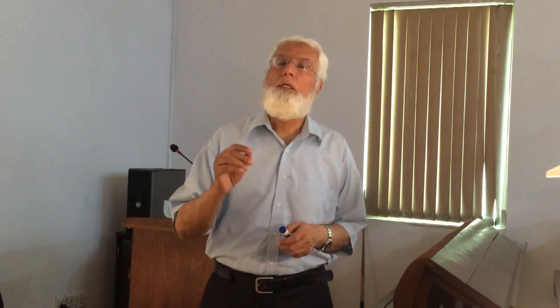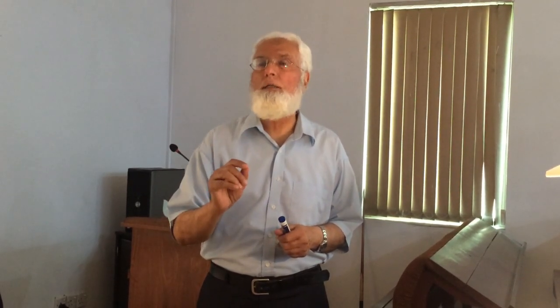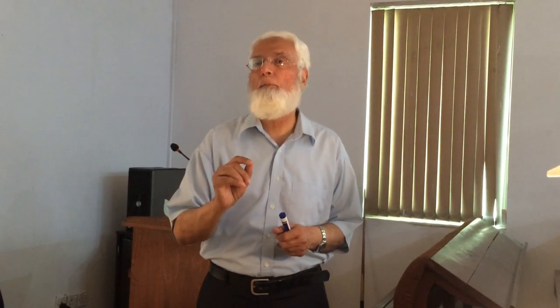So what are the features at the level of hemisection? There is lower motor neuron type of paralysis ipsilaterally, on the same side at the level of hemisection.